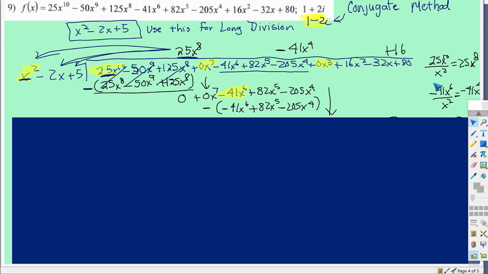And now we come over here and we divide. Negative 41x to the 6th, divide x squared. And 6 subtract 2 is 4, so negative 41x to the 4th. So right here in the x to the 4th column, and imagine inside here are just a bunch of zeros. We're not going to write them.